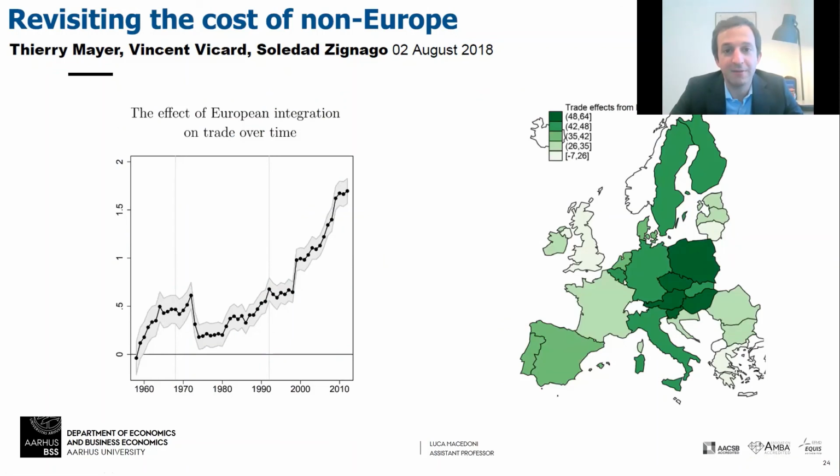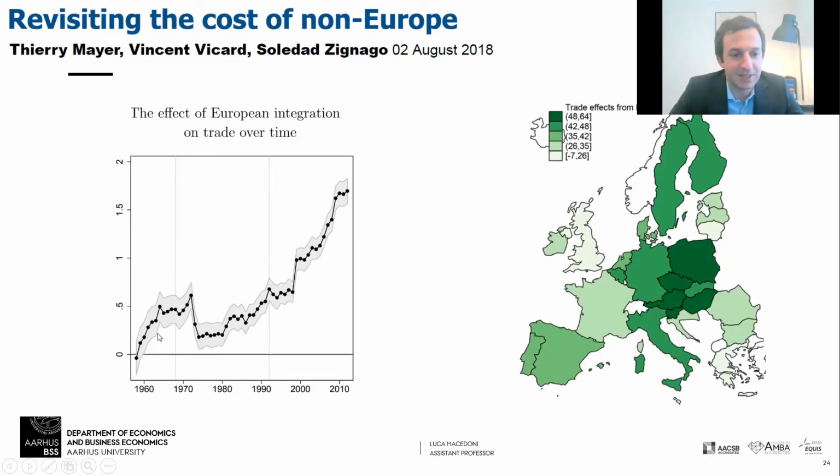And so what are the effects of the European Union over time? Well, they're pretty big. Okay, you see here, this is the coefficient. You see it's around 50%. Imagine 57 is when the Treaty of Rome was signed, and 68 is when the customs union actually began.